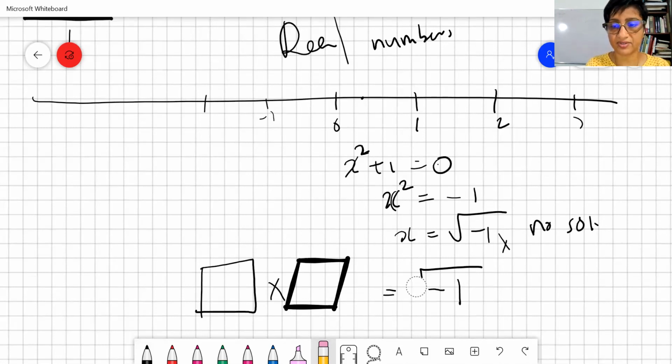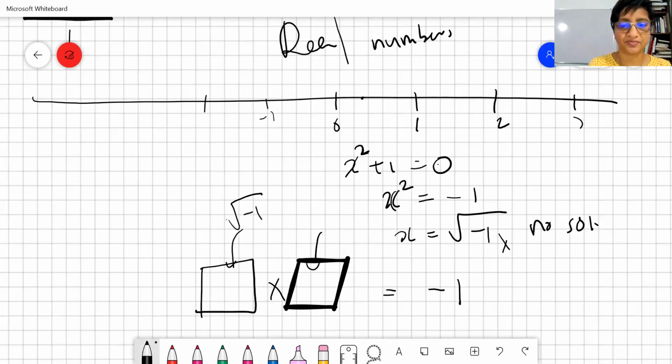This number would be the square root of -1. If there was such a number, when I multiply it by itself, I have to get -1.